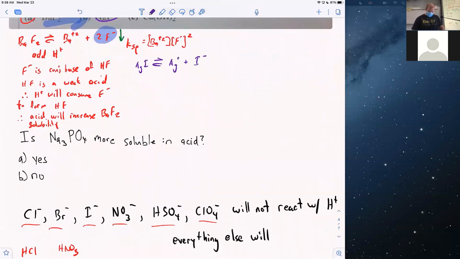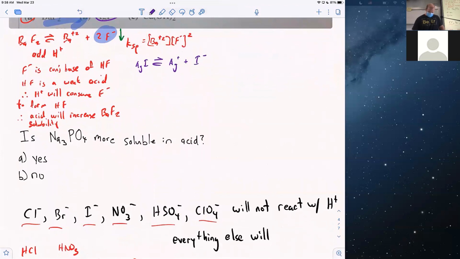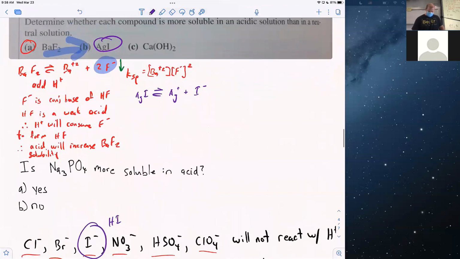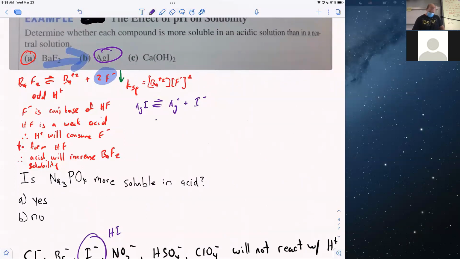So iodide, though, is from HI, which is a strong acid. HI is a strong acid, and therefore iodide does not react. So iodide has no reaction with hydrogen.